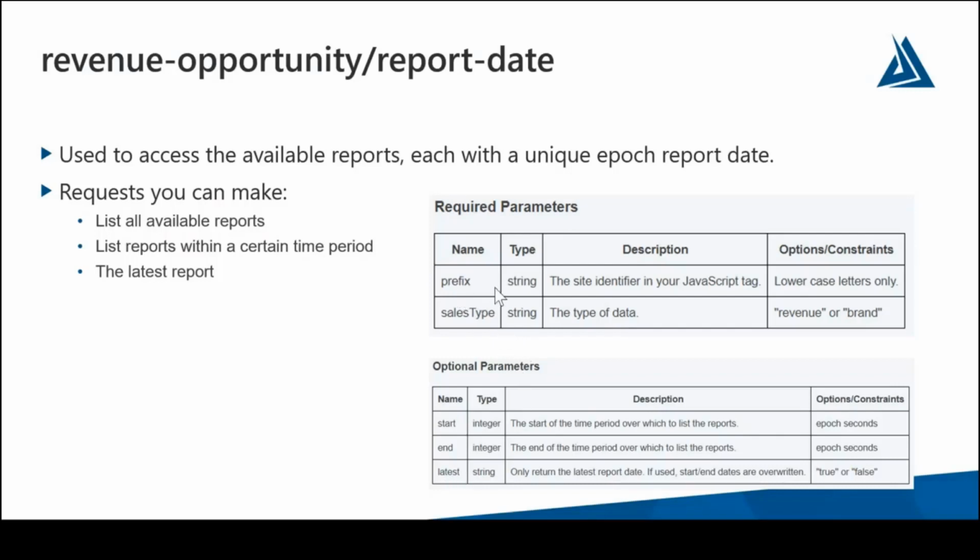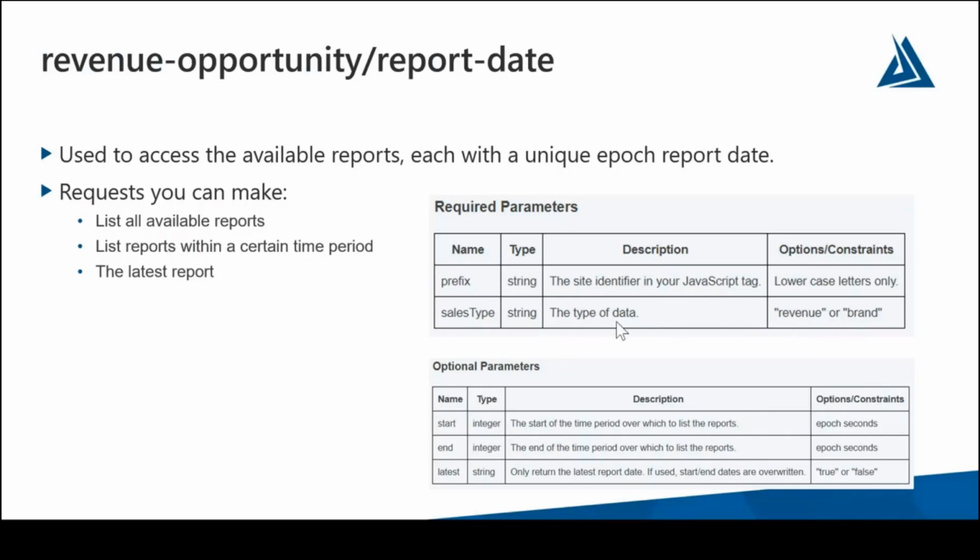Now, the required parameters are the prefix. This is your site identifier. It's in your JavaScript tag. If you have any questions about what your prefix is, just reach out to us and we'll point you in the right direction. And the sales type parameter, this is revenue or brand.